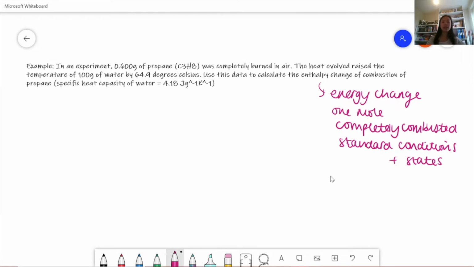I'm just going to put down some keywords. So we know we can definitely use the enthalpy change of combustion, but in this example, that doesn't really matter because they give it to you anyway.